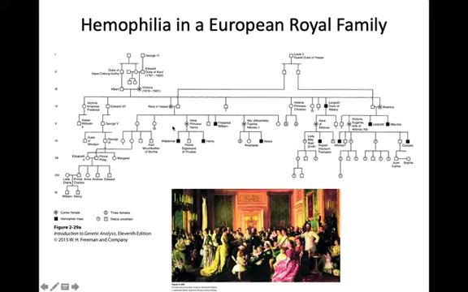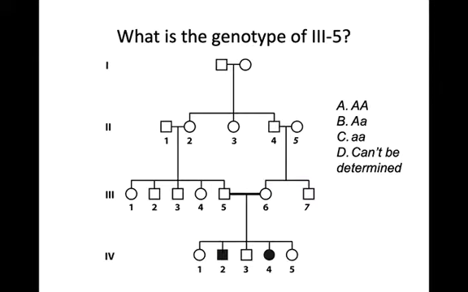But there's actually a very famous case where hemophilia was transmitted across many, many individuals, and it had a lot of repercussions during the royal family's history in the last part, especially of the last century and before.